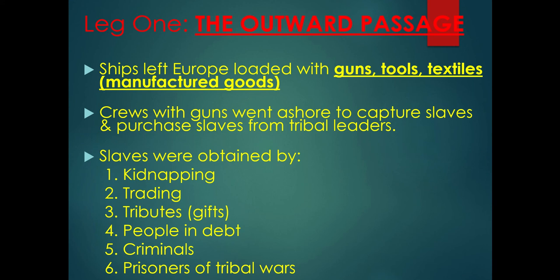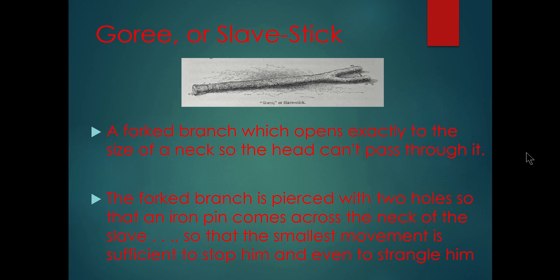People in debt, criminals, prisoners of war. There were all kinds of ways that they went about getting these slaves. They would go through whatever it took in order to get those slaves. Absolutely ridiculous.